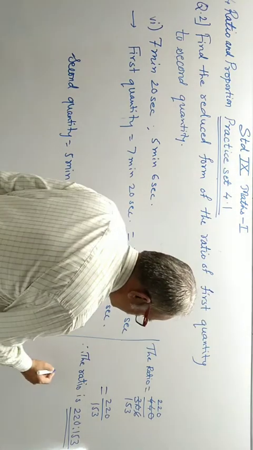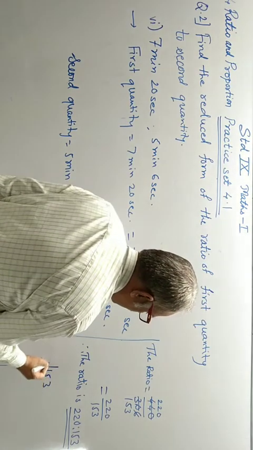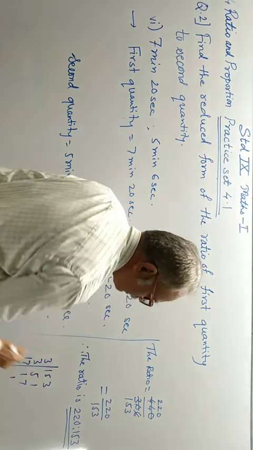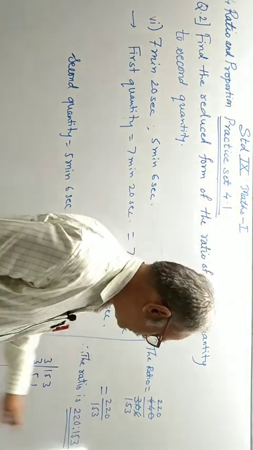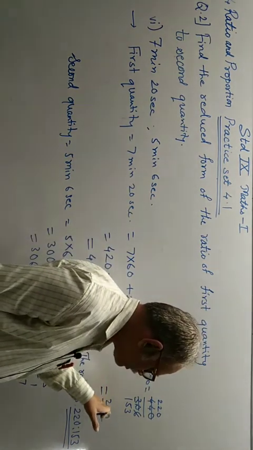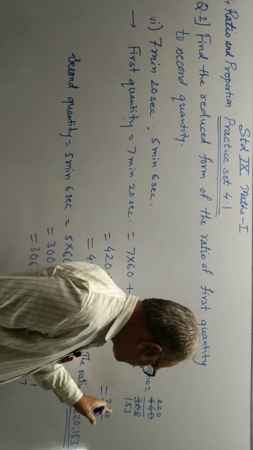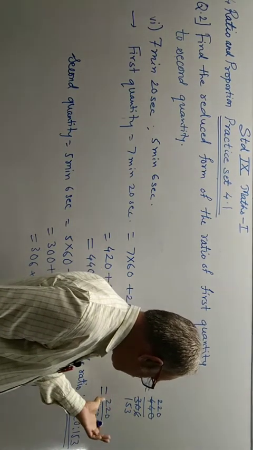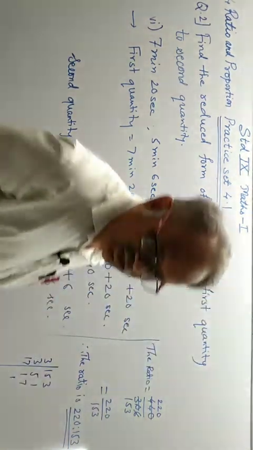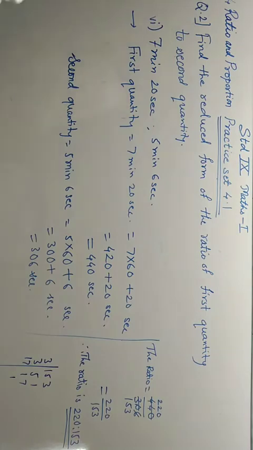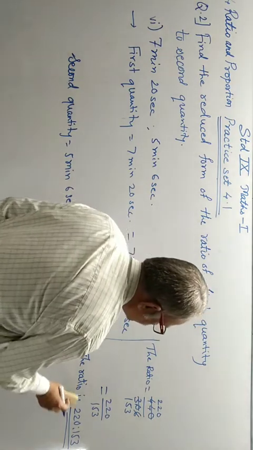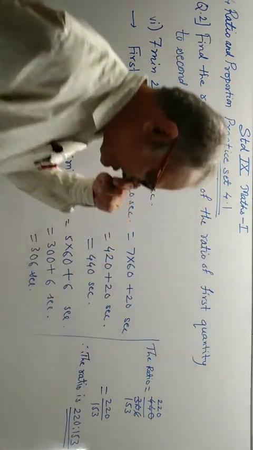Now if I factorize 153, I get 3 into 3 into 17. 220 is not divisible by 3 or by 17. So the number by which the numerator is divisible, the denominator is not divisible by it, and the number by which the denominator is divisible, the numerator is not divisible by it. We cannot simplify further, as there is no common factor in numerator and denominator. Therefore the ratio is 220 is to 153.